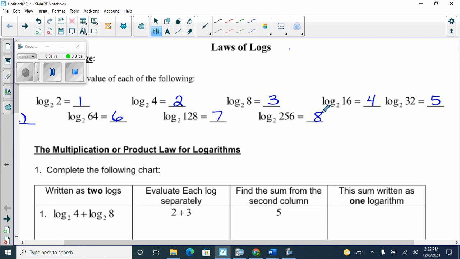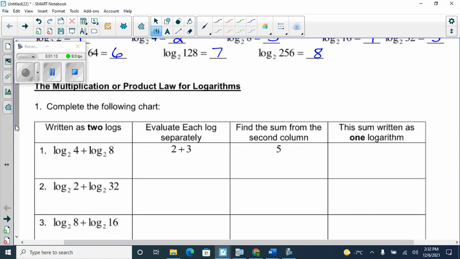Okay? So we're going through the multiplication, or product, law for logarithms, which we've talked about already. So if we have log base 2 of 4 plus log base 2 of 8, that's 2 plus 3, because log base 2 of 4 is 2, log base 2 of 8 is 3, so 2 plus 3 is 5, right?